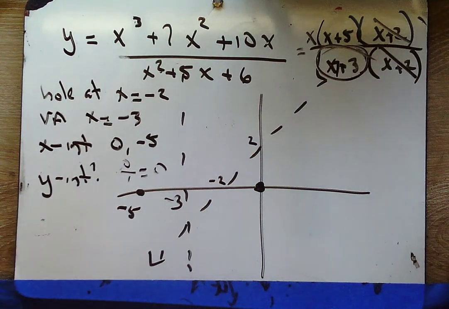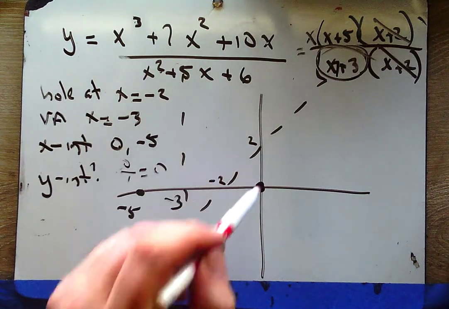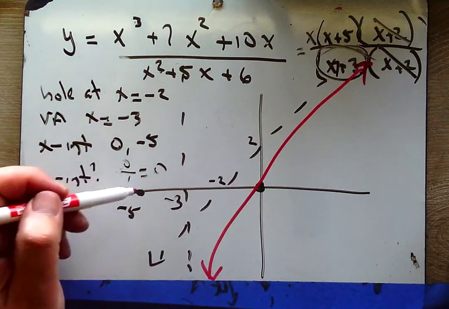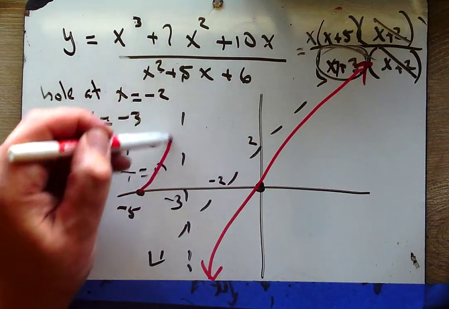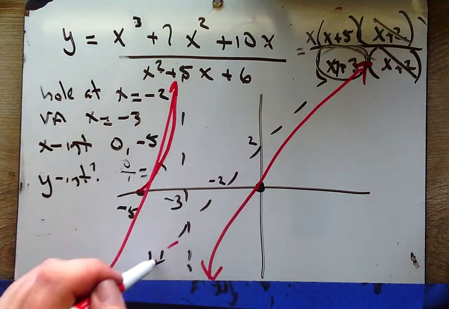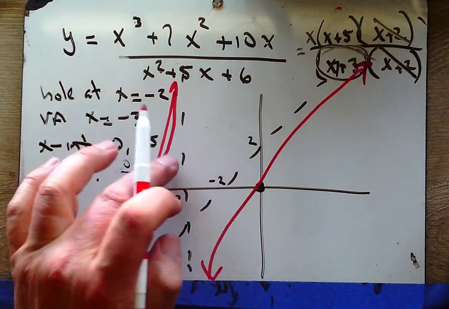I think I see everything I need. From this point, I have to bend to that asymptote and bend to that asymptote. From this point, I need to bend to this asymptote, and I need to bend to this asymptote down here. Okay, there's my graph.